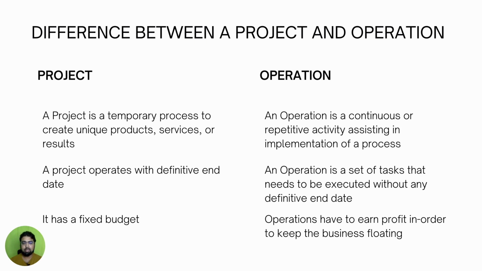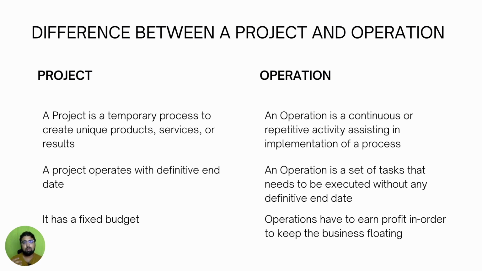While operations, on the other hand, have to earn profit in order to keep the business floating. When you have a smooth operation in the business, it will automatically start generating revenue for the firm or the organization. So those are the difference between project and operation.